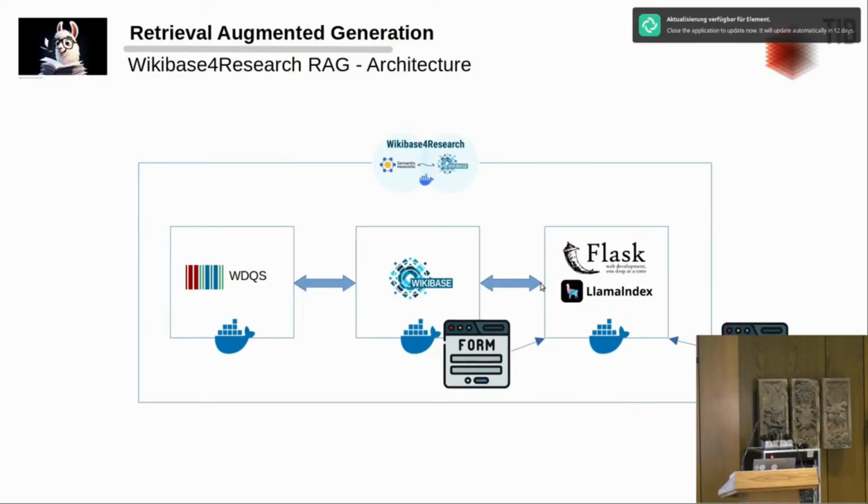So there are a lot of possibilities for integrating this. And also it is possible for sure to use this Docker image that we create without Wikibase for research. So in Wikibase for research, it's especially easy to install, but it's also usable as a standalone component.